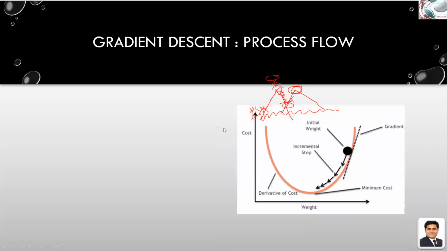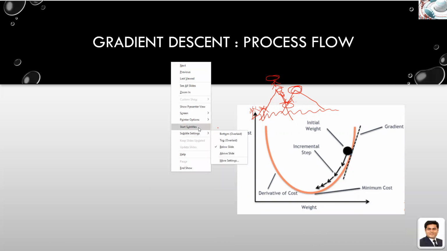If you see this picture, the gradient descent will follow the steps, go to the local minima, and then check whether it is a minimum or not based on the vector parameter, that is theta. So what is theta?